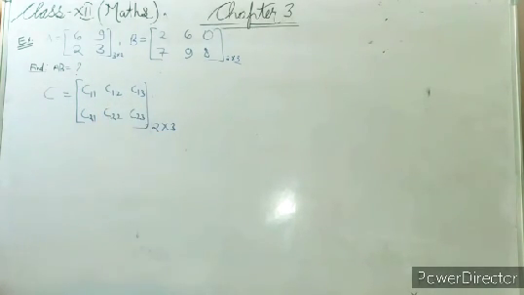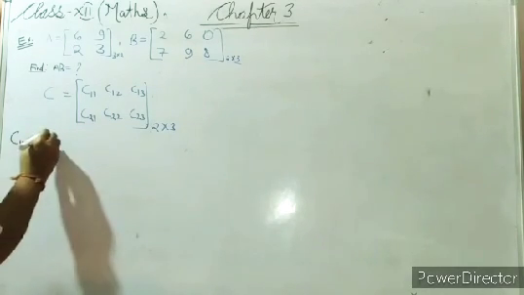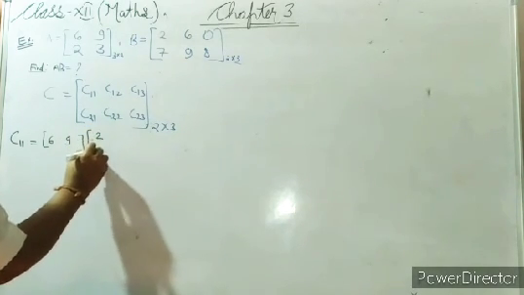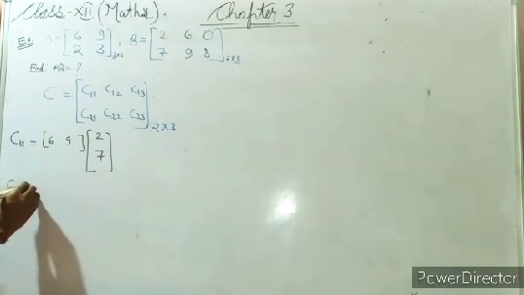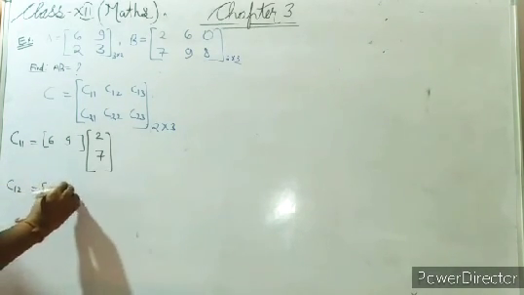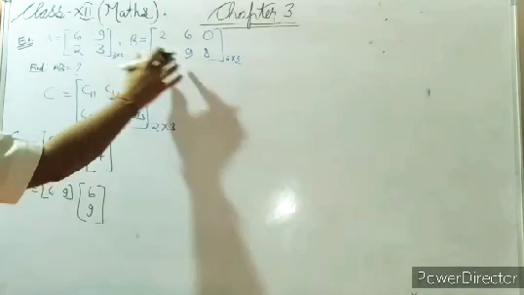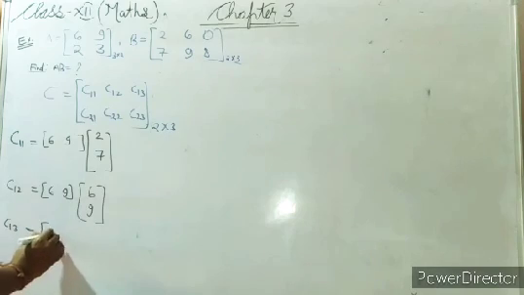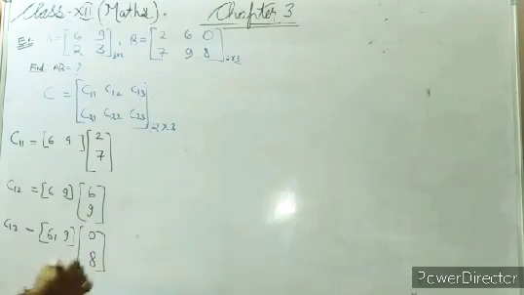Okay. Now you see, how you will get number C11. What is the meaning of 11? First row and first column. C12 means first row, second column. C13 means first row, third column. The row is 6, 9 and the column is 0, 8.